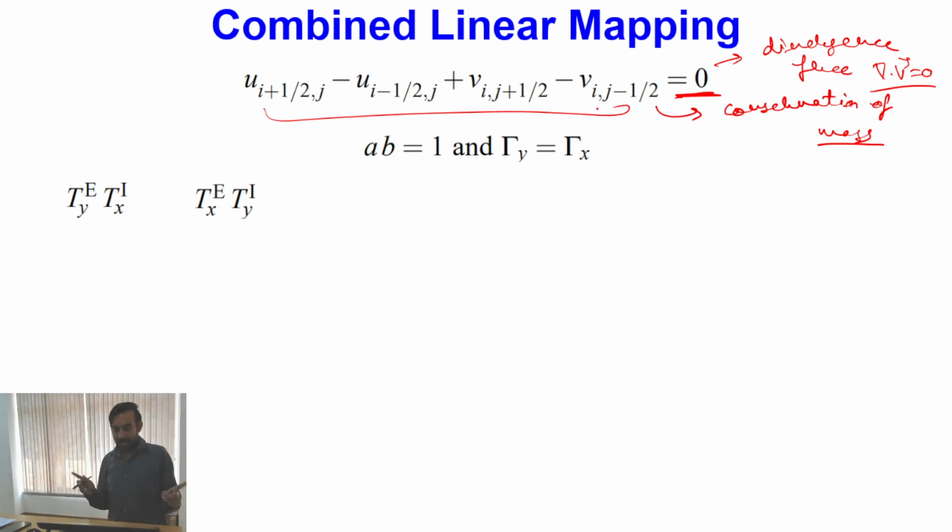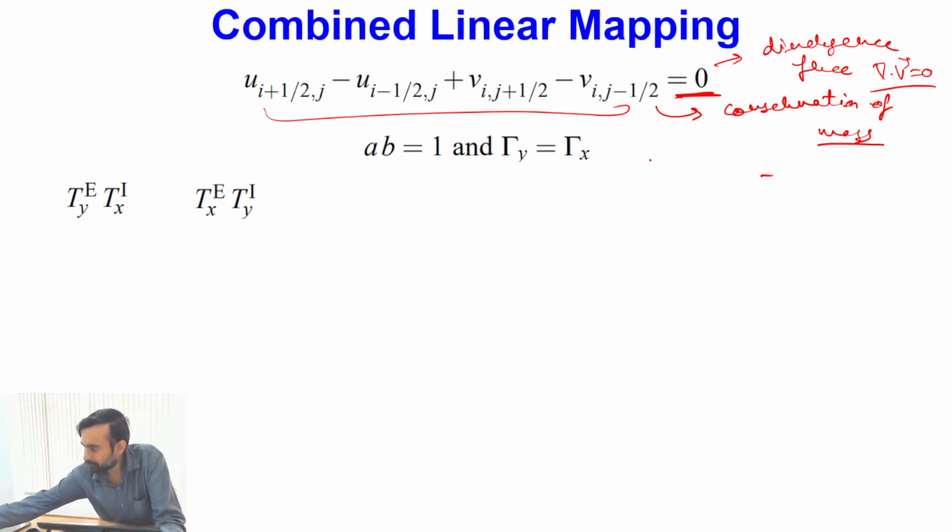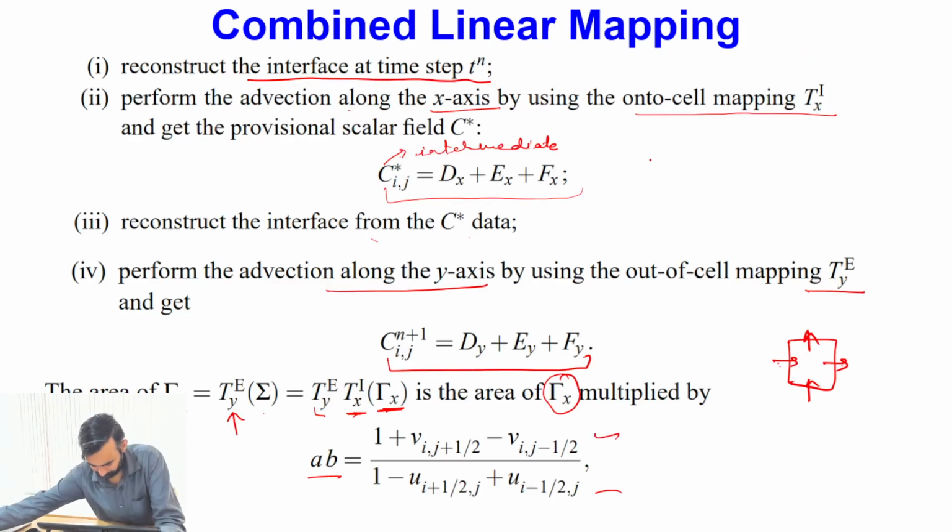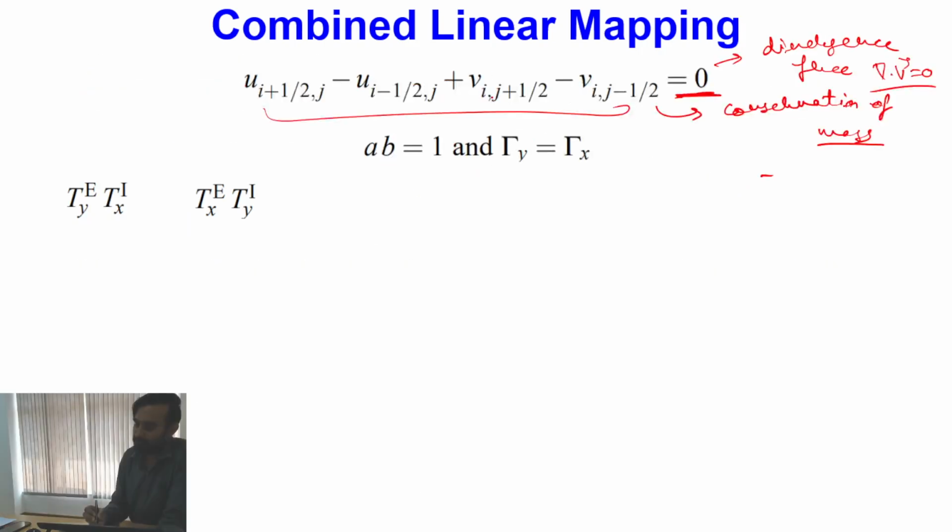And now you can see that in this equation u(i+1/2, j) minus u, or if I take the second term, yes, v(i, j+1/2) minus v(i, j-1/2) can be simply written in terms of minus of u(i+1/2, j) plus u(i-1/2, j).